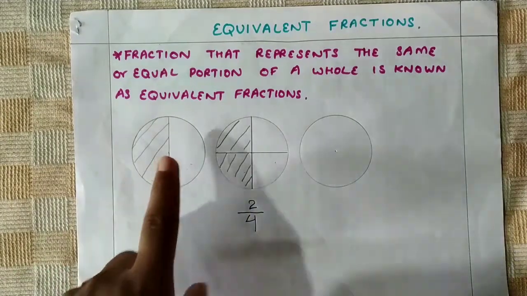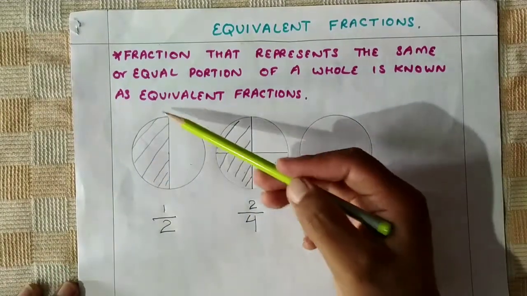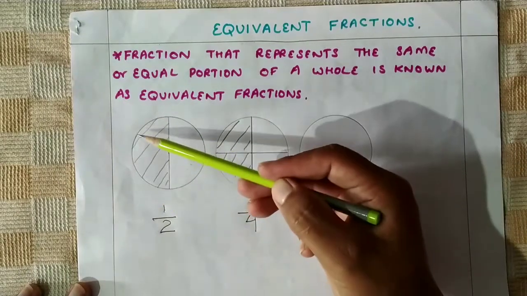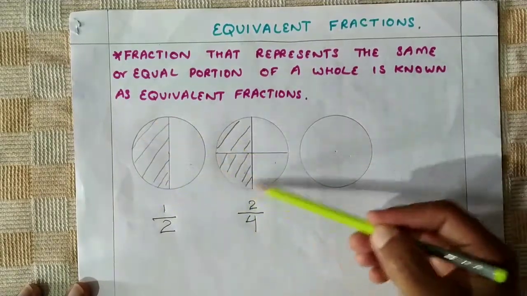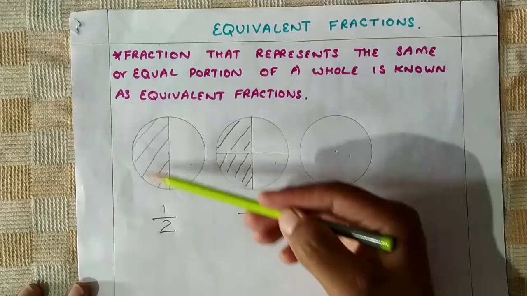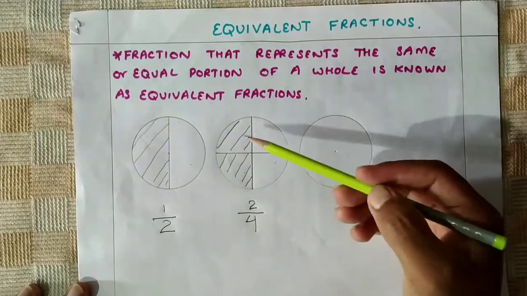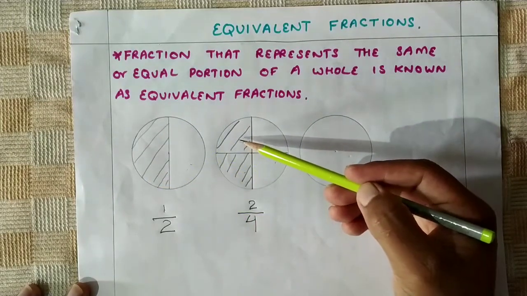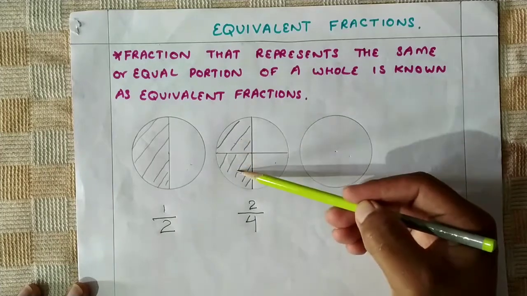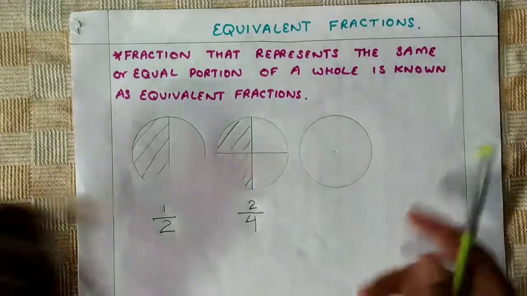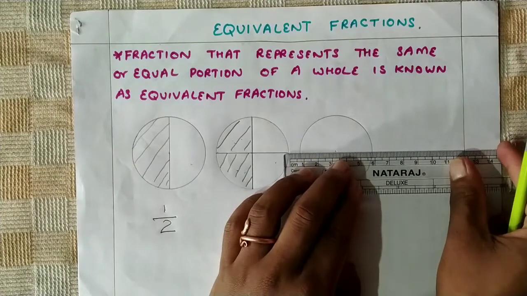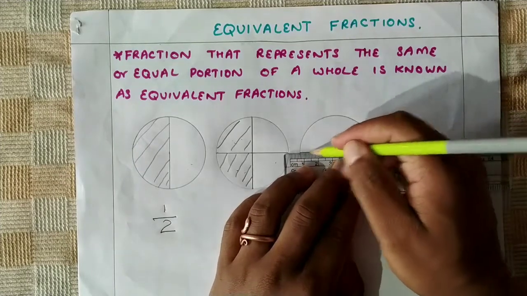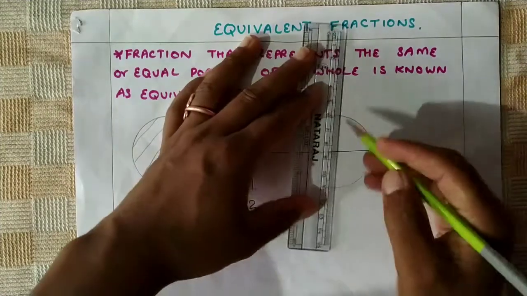If you look carefully, I've eaten the same amount of pizza as from the first one, but the number of parts is more in the second. Let's take another pizza and divide it into 8 parts.